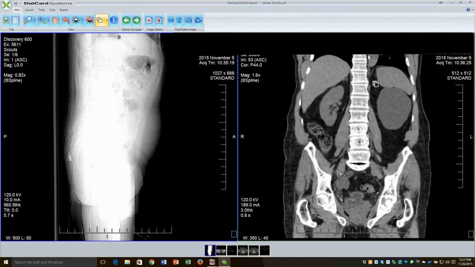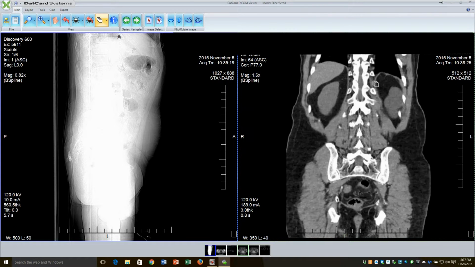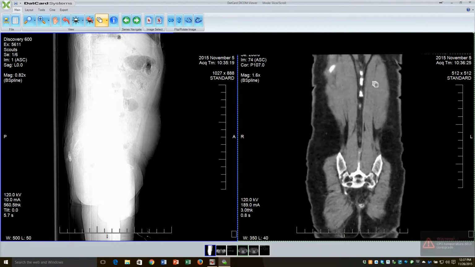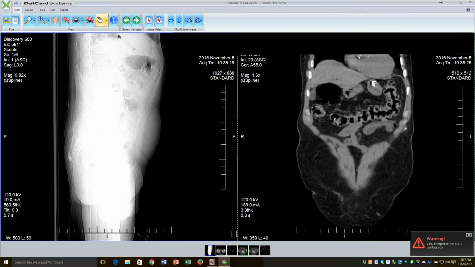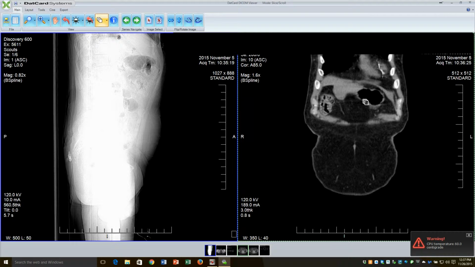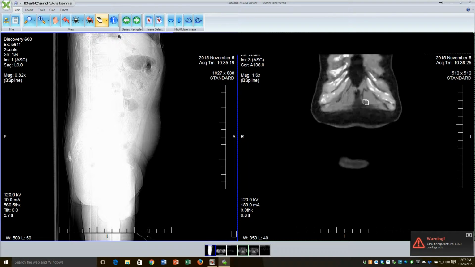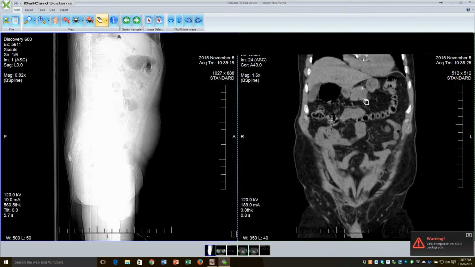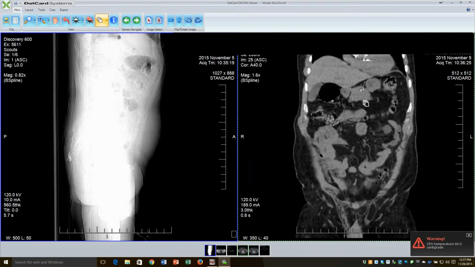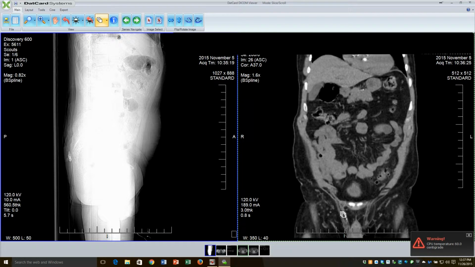And as we move up, coming now towards the anterior abdominal wall. So here we're coming towards the anterior abdominal wall right now. I don't see any abdominal wall hernias. This to me looks like either he has fat within a left inguinal hernia and an early right inguinal hernia here.